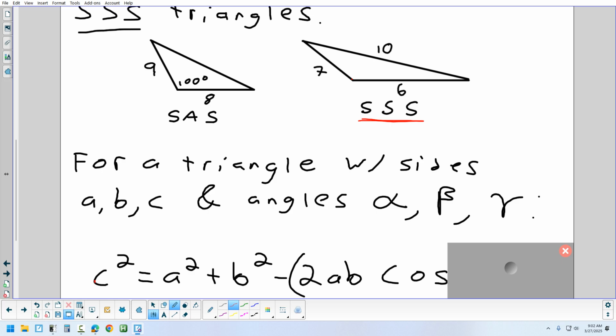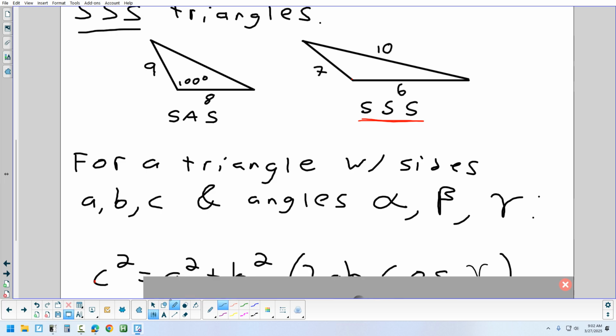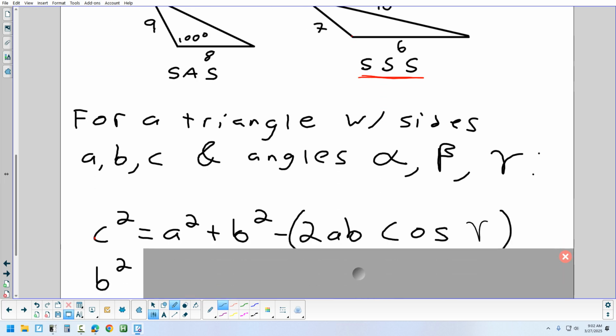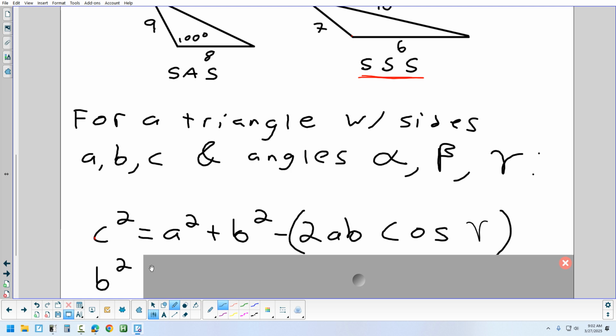What angle is always across from C? Gamma. Okay, so that is the law of cosines. What's important, though, is not the letters you're using, it's the pattern of the letters.